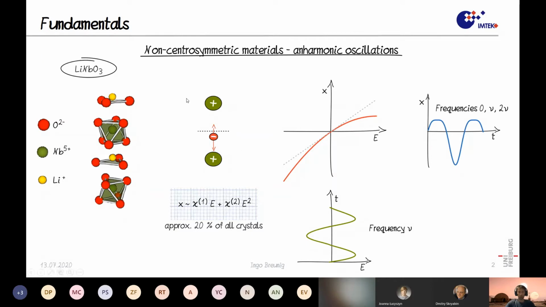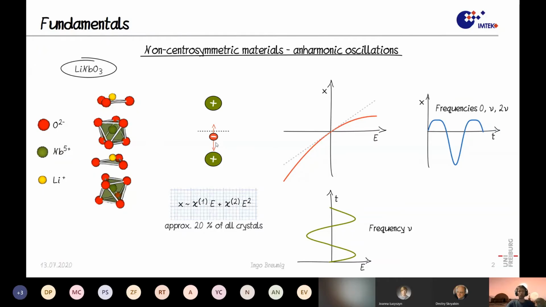So here then we have this sketch. Our negative charge, let's say it's an electron, sees an anharmonic potential. So it's not really centered between the two positive neighboring charges. That means in these crystals, if I force my electron to oscillate by an oscillating electric field, my charge feels much more attracted downwards to the positive charge that is closer.